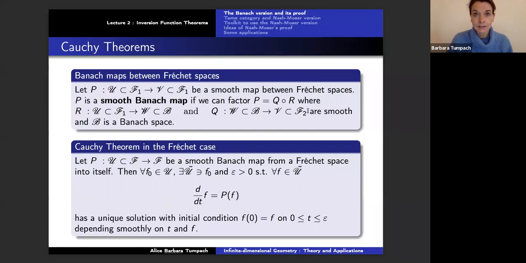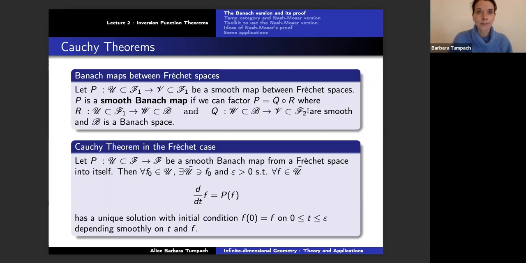The time interval epsilon is fixed, and the solution depends smoothly on t and f. Okay, so there are some differences in comparison to the Banach case.